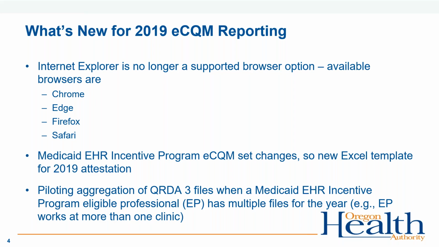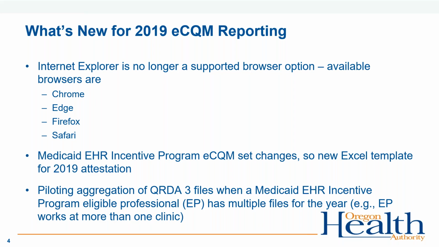The other thing I wanted to highlight is the Medicaid EHR Incentive Program. Every year the measure set changes for the ECQMs, and so to support those changes, we do have a new Excel template that will be available for 2019 attestations. That will be posted on the EHR Incentive Program's Program Year 2019 webpage, so you can download it there. A couple of things that I do want to highlight with that. Remember, if you're using the attestation template, to please do a separate file for each eligible professional.